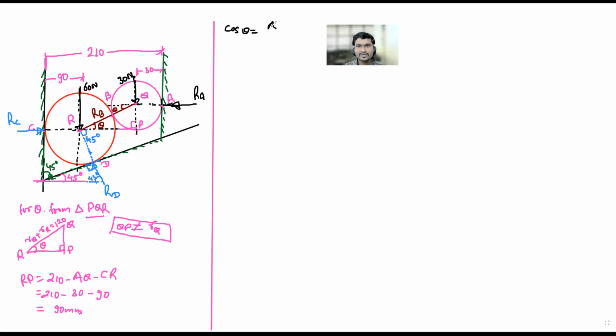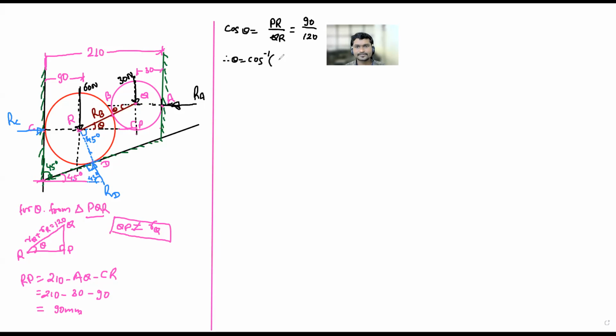Adjacent upon hypotenuse, लगतची बाजू भागिले कर्ण. So adjacent is RP or PR, hypotenuse is QR, that is equal to RP is 90 divided by QR is 120. Therefore theta is equal to cos inverse of 90 by 120.